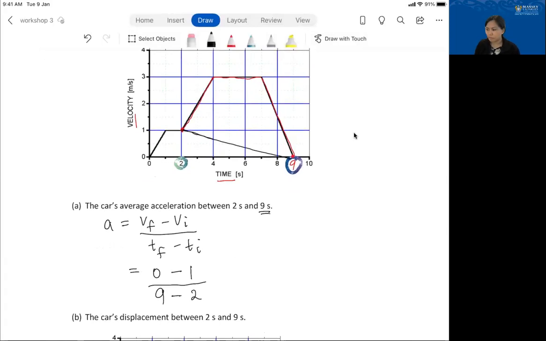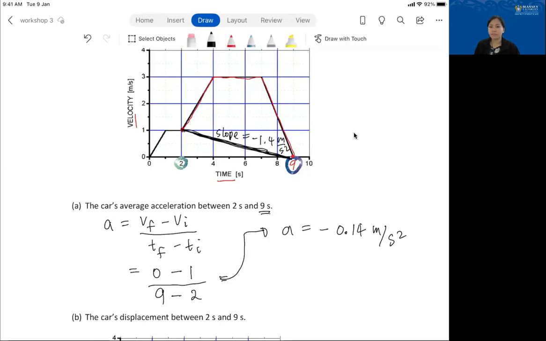Okay. Right. So then your acceleration will be a negative 0.14 meters per second squared, which is actually the slope of this straight line that goes from the final point to the initial point.